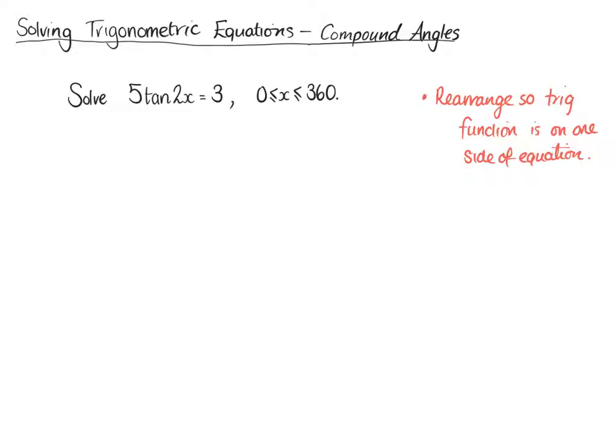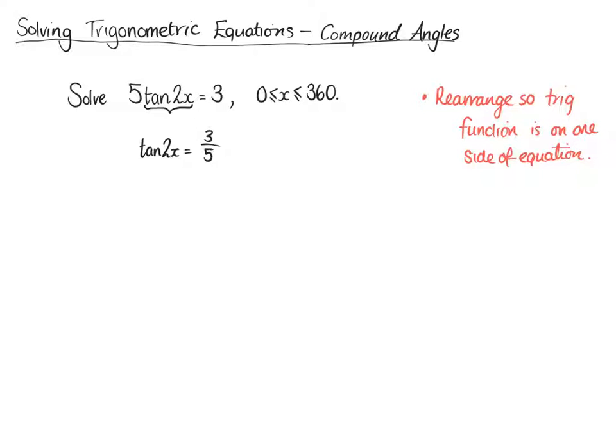We're treating tan of 2x as one, that's the trig function. And the 2x, there's nothing we can do about it at the moment. We'll get to how we're going to deal with that later. So we're going to get tan of 2x equals 3 divided by 5, because we divided both sides by 5 to get that on its own.